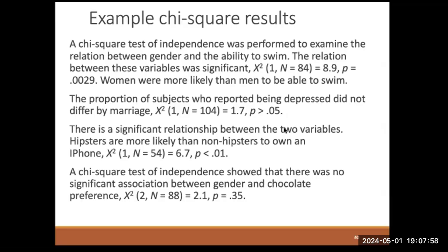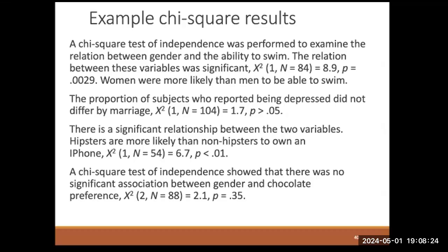Here, right in there, it actually states in this result what kind of analysis. In terms of the exam, I will not tell you what kind of analysis was performed. More likely, you would see the second one, where it says the proportion of subjects who reported being depressed did not differ by marriage. Chi-square 1, N equals 104, equals 1.7, p is less than 0.05.